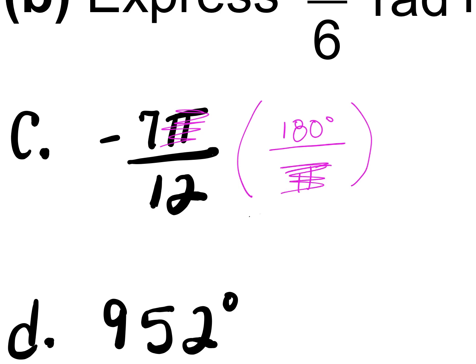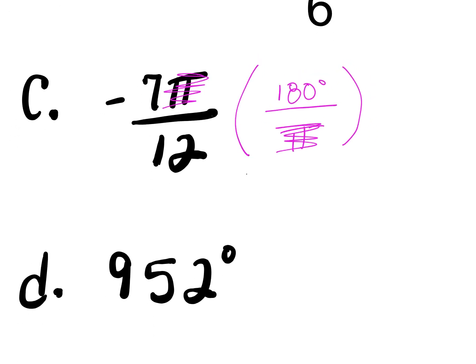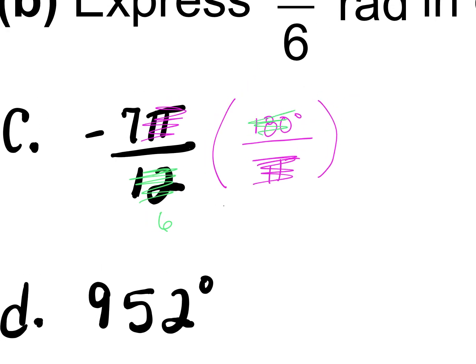And now we just simplify. What number goes into both 12 and 180? Start small, 2, right? 2 goes into 12 6 times. 2 goes into 180 90 times. What's another number that I could simplify with? 3, okay. 6 divided by 3 is 2. 90 divided by 3 is 30, all right.